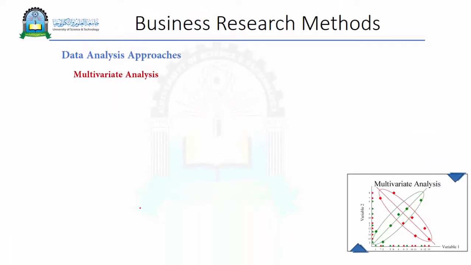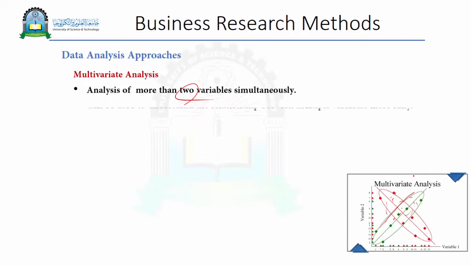The multivariate analysis is much deeper and more advanced, analyzing more than two variables simultaneously. Like multiple regression, for example, which finds out the multivariate effect of different variables affecting one variable.